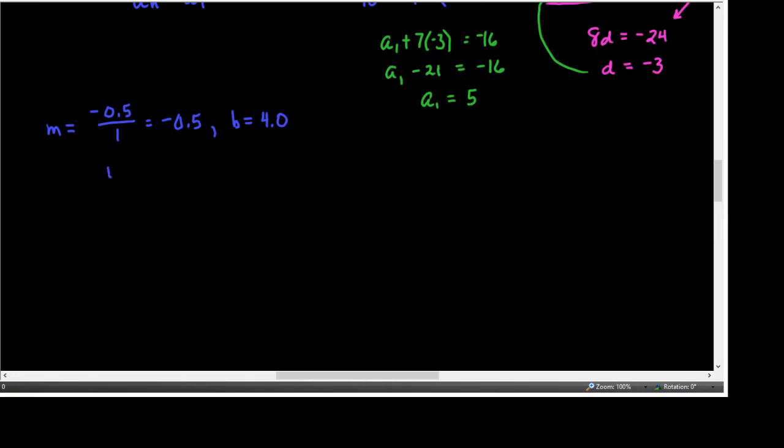So that tells us that the equation of the line that passes through those points will be y equals mx plus b. And so that implies that our a sub n, not y, because this is an a sub n thing, is negative 1/2, which is what negative 0.5 is as a fraction, times n, because our independent variable in this is really n, not x, plus 4.